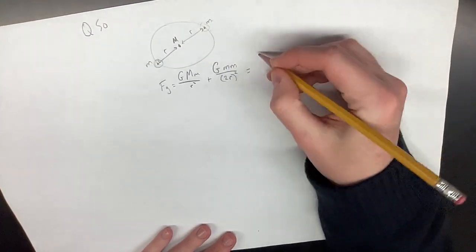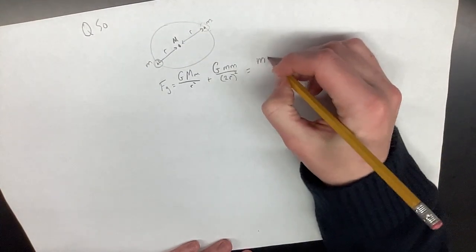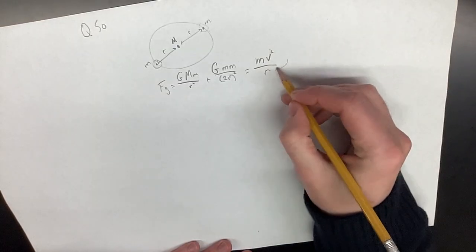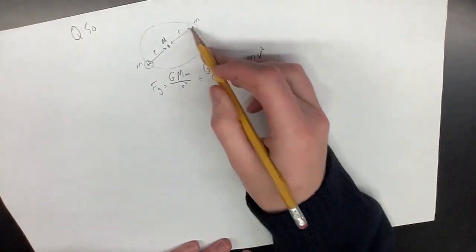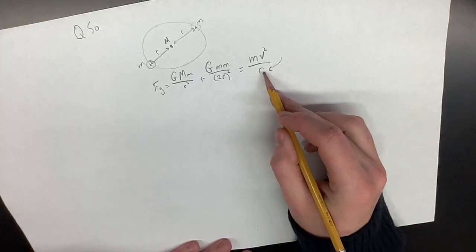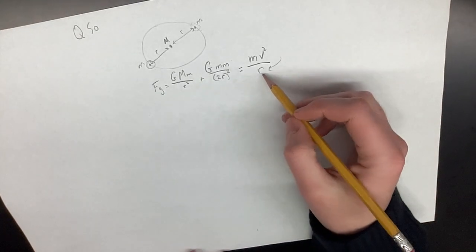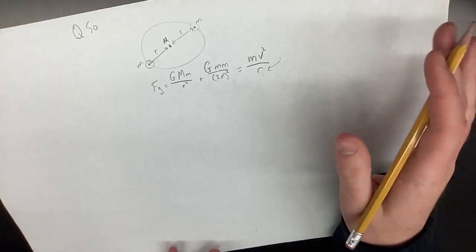Well, I'm going to say that equals mv squared over r. Now again, this r is the radius of the circle, and so that is convenient for us, because r is the radius of the circle, so that works out real nice.